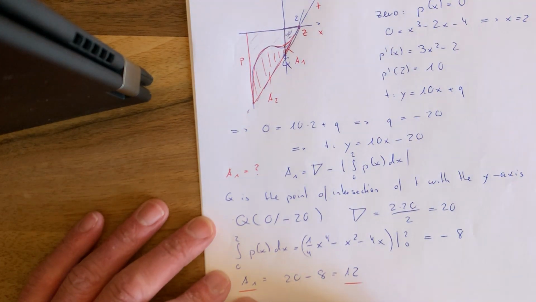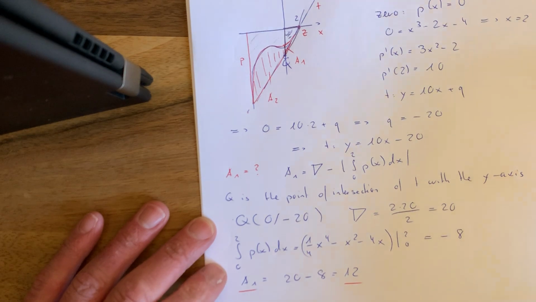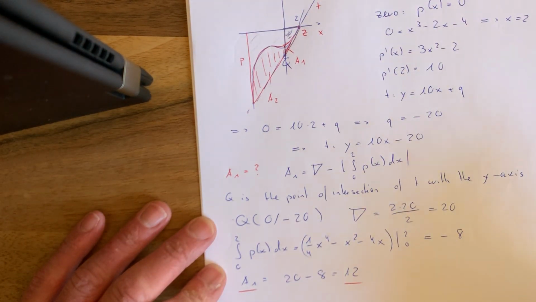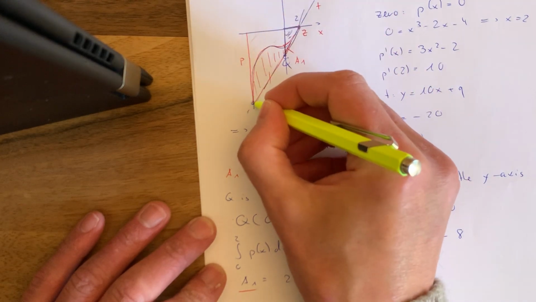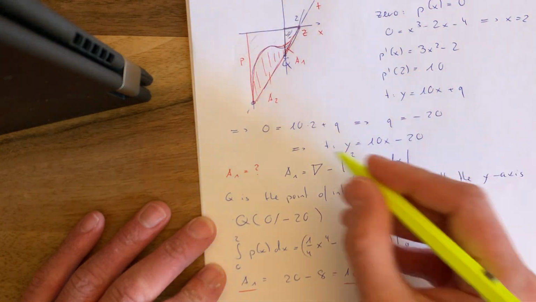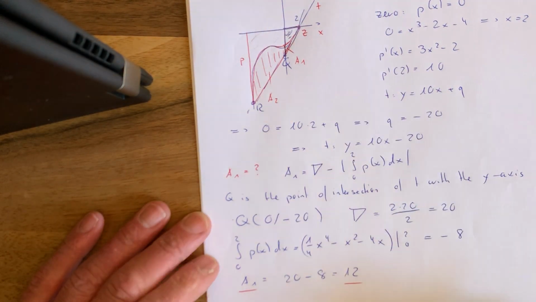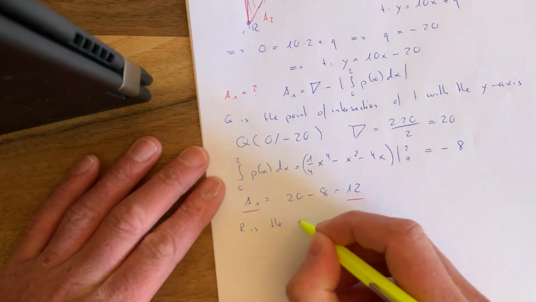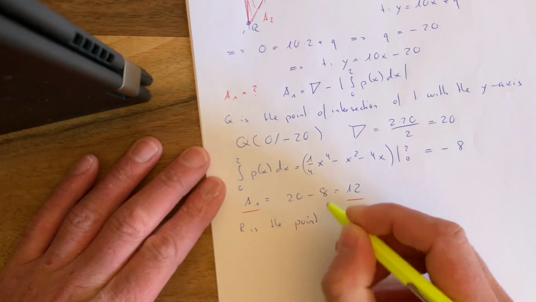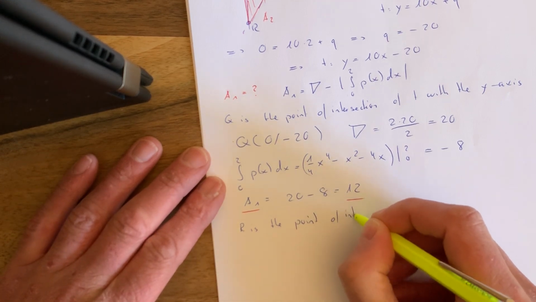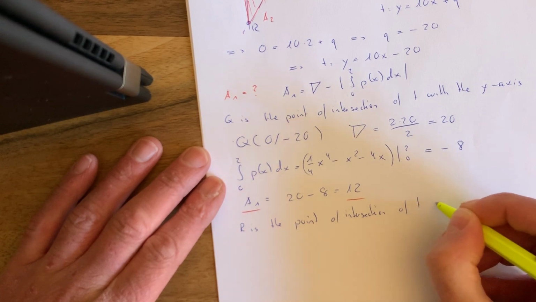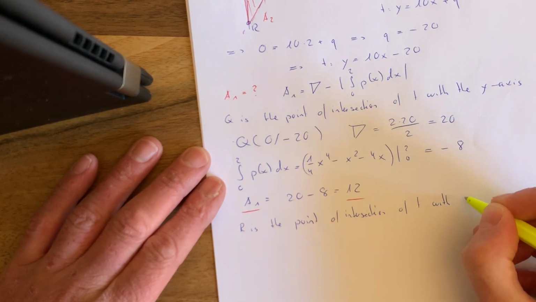And since we already have A1, we can then calculate A2. So the only thing we need in order to be able to do the calculations is this point here. So let's call that point R. R is the point of intersection of the tangent with the polynomial.